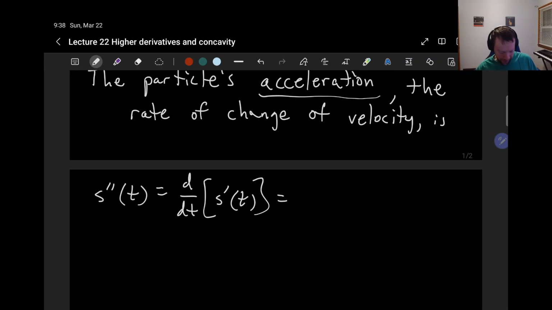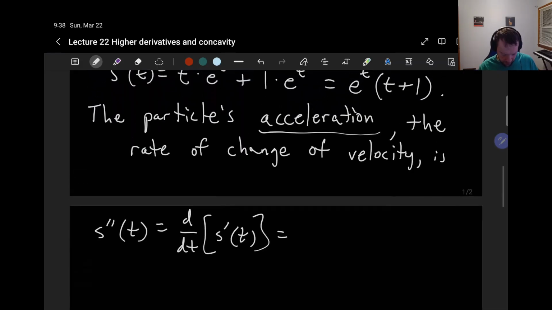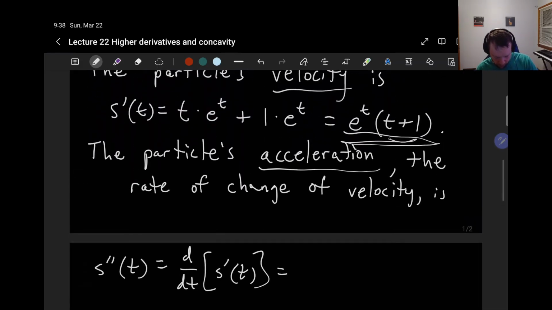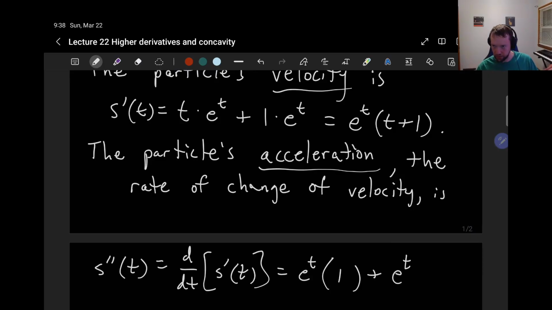Okay, now the cat's off my lap. There we can see it. So this is also a product rule. I have a product of two functions of t. So first times the derivative of the second, derivative of t plus 1 is just 1, plus derivative of the first, still just e to the t, times t plus 1.